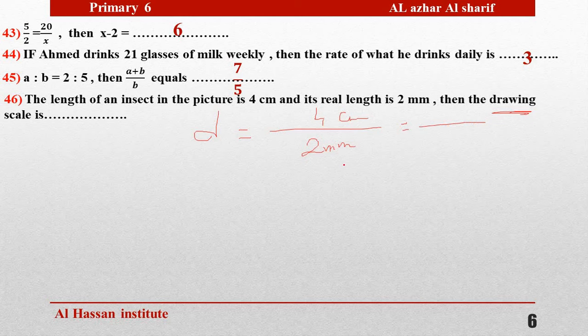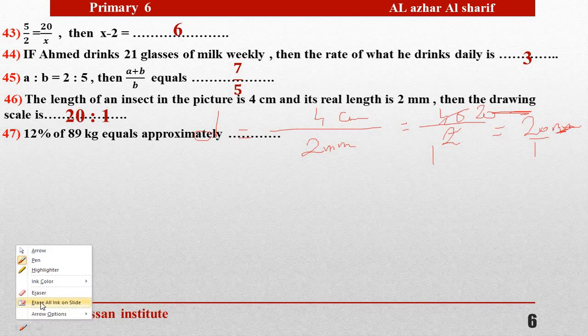Converting from centimeter to millimeter, times by 10, excellent. So 40 over 2 equals 20 millimeter. And the ratio means 20 over 1. 40 divided by 2 equals 20, 2 divided by 2 equals 1. So 20 over 1 means 20 to 1 as the ratio.